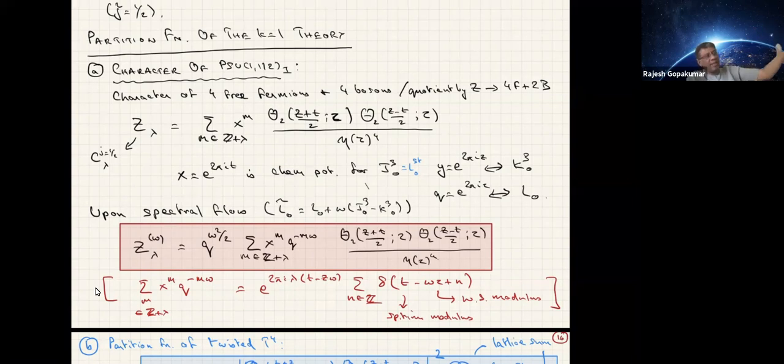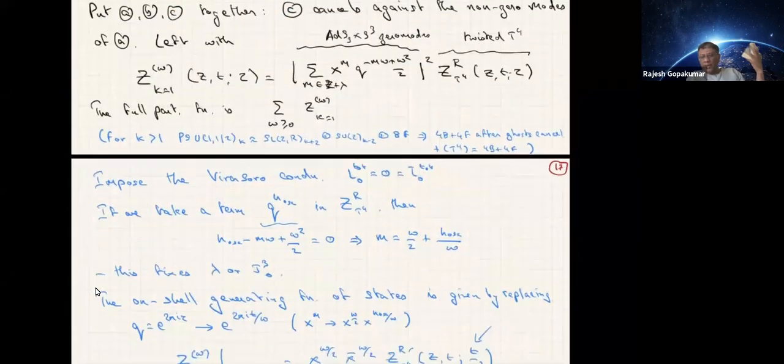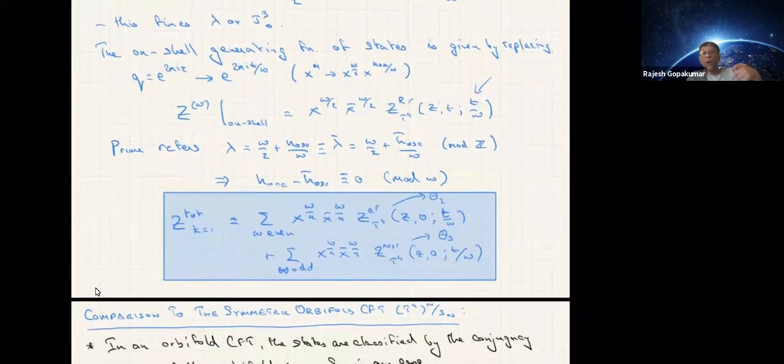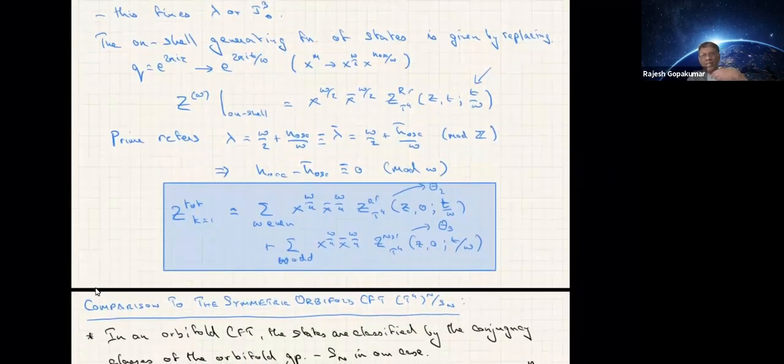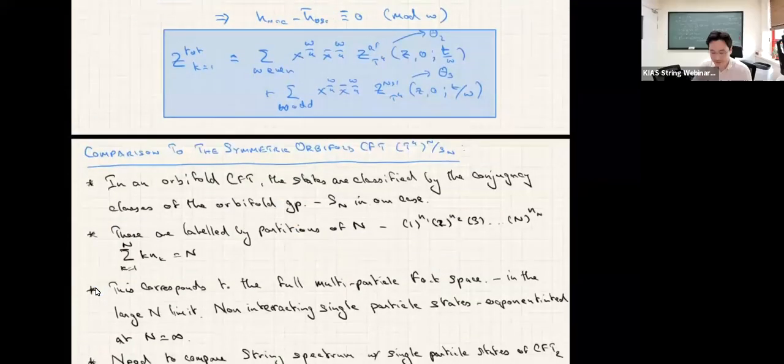From the string theory point of view, this was one of the S3 quantum numbers. But from the symmetric orbifold point of view, it is part of the SU2 R symmetry of the T4 theory. And that's the chemical potential. So that's exactly how it appears here, as the chemical potential of the SU2. The theta function that you have over here, that Z is measuring exactly what you would do in the orbifold CFT. Okay, thank you.